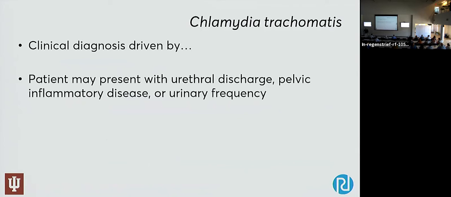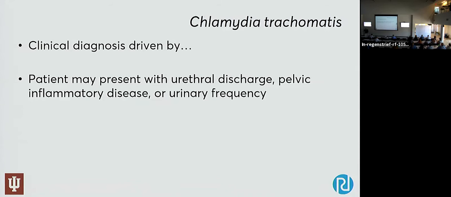Let me give you an example from public health and the work that I do on sexually transmitted infections. If we look at chlamydia, clinical diagnosis is driven by a number of things. Usually patients present with certain symptoms, like pelvic inflammatory disease or problems with urination. That is a first signal to the clinician that this is probably a case of chlamydia.